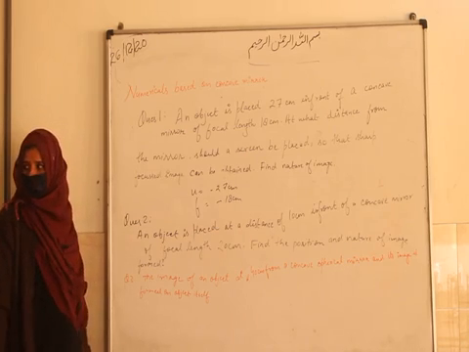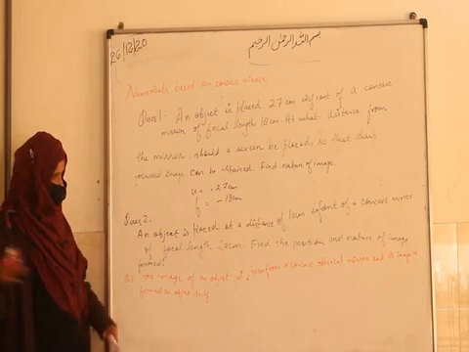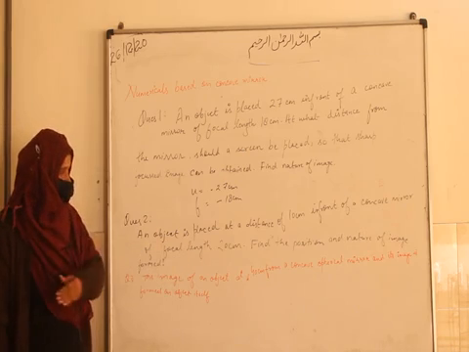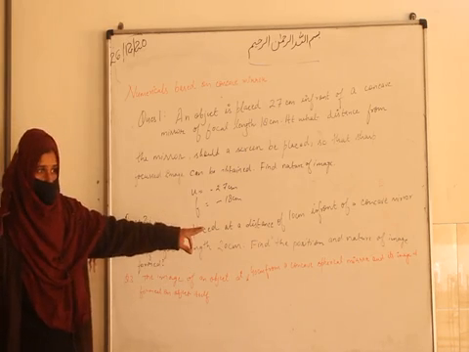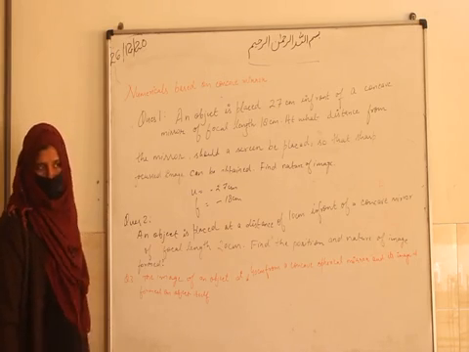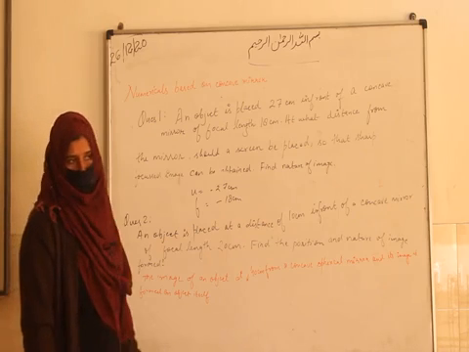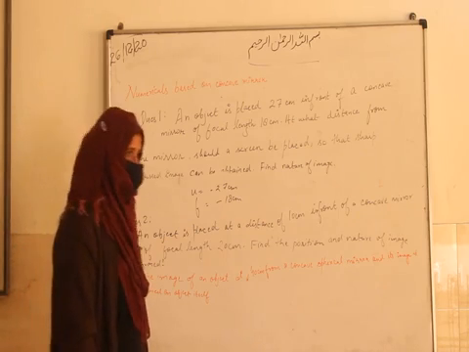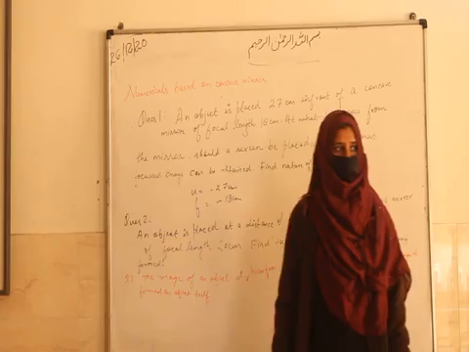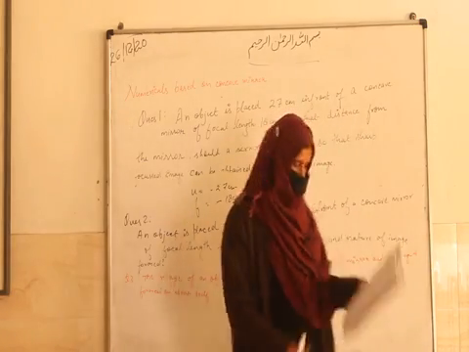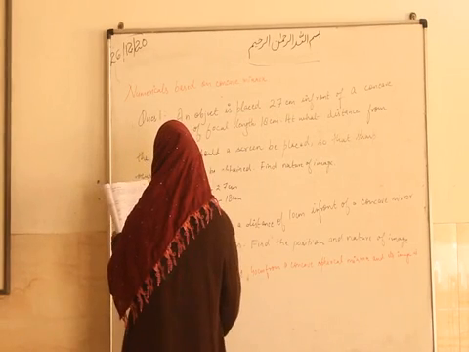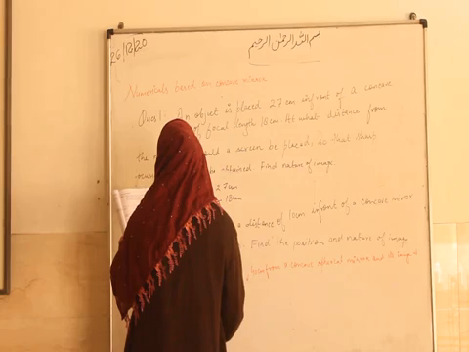It will be a concave mirror, but it will be between focus. How do you predict, that is what I am asking. Why? It is coming positive. V is coming positive? Yes, V is positive. Okay, Aksa? It will be virtual and erect.